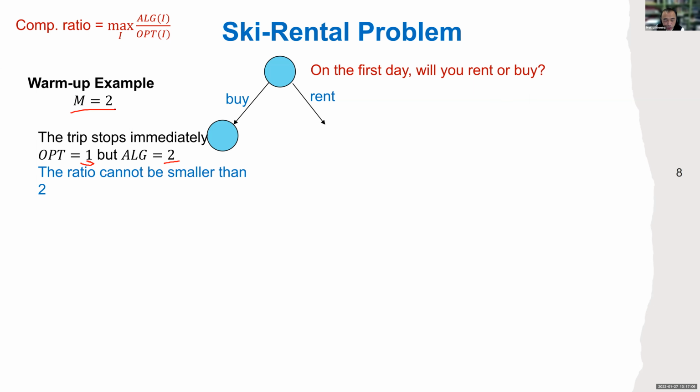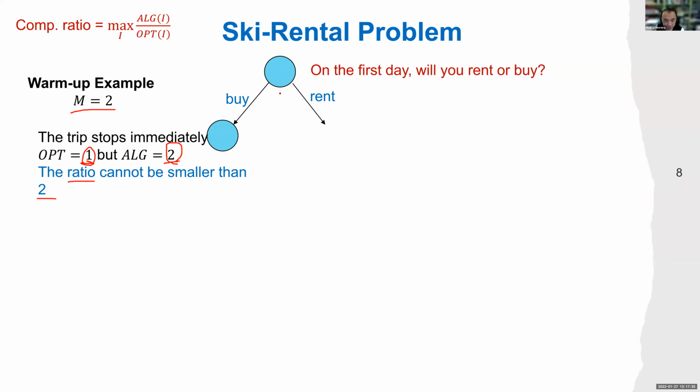Now here M is equal to 2, right? So if you buy on the first day, then I immediately stop the season, making it only 1 day. Optimal is just rent, your algorithm buys. So in this case, the ratio cannot be better than 2, right? It's already 2.